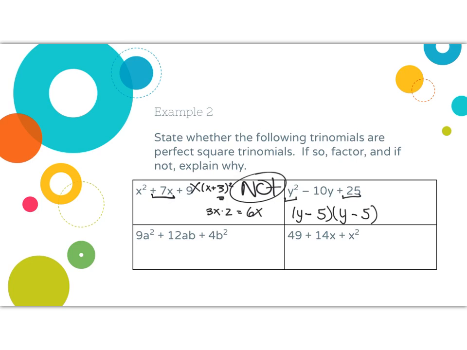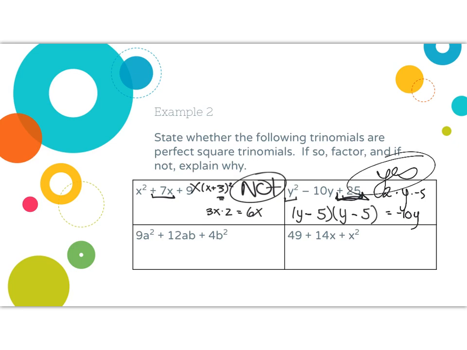They're both going to be negative 5s because a negative 5 and a negative 5 make our positive 25 still. So does this work? Well, 2 times our terms multiplied together. So 2 times y times negative 5 is negative 10y, which is our middle term. So yes, this is a perfect square trinomial.